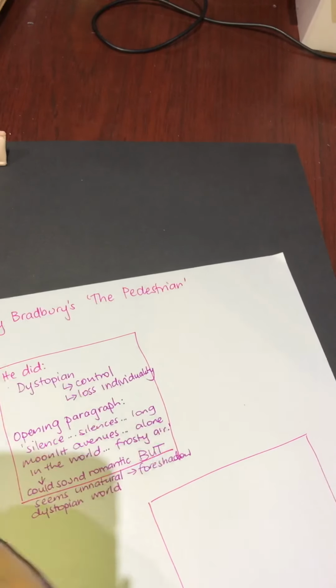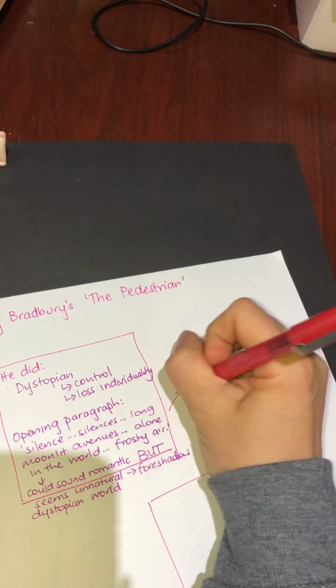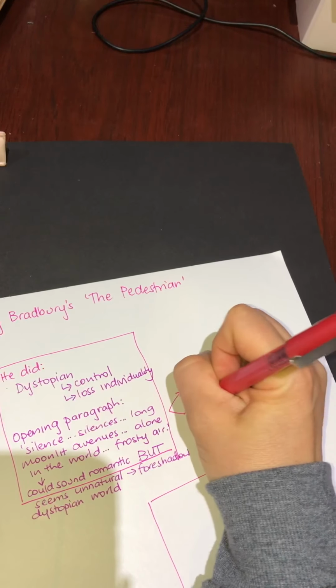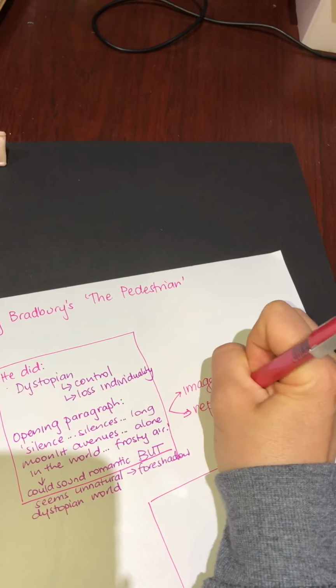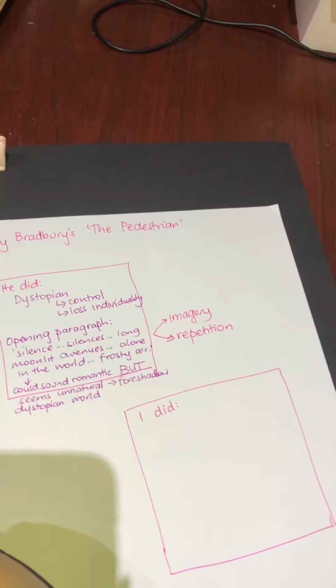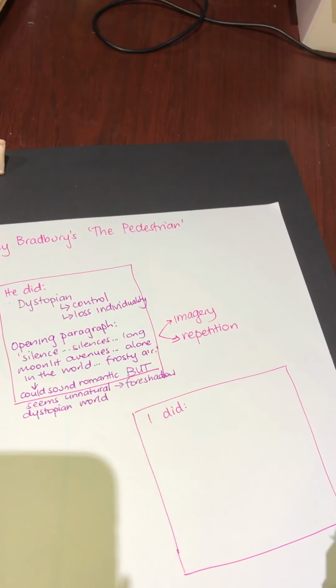So as far as the techniques go, I have him using some imagery and I have him using repetition. There's plenty of other things, but those are the ones that I'm focusing on at this point. Okay? And then I go and say, like, what did I do? So I similarly tried to make a dystopian world.